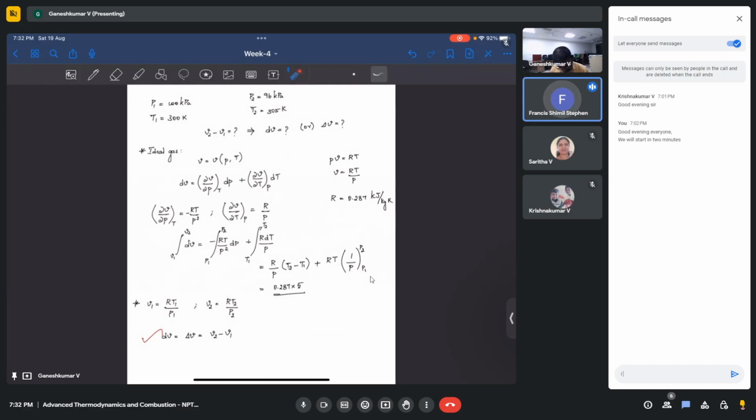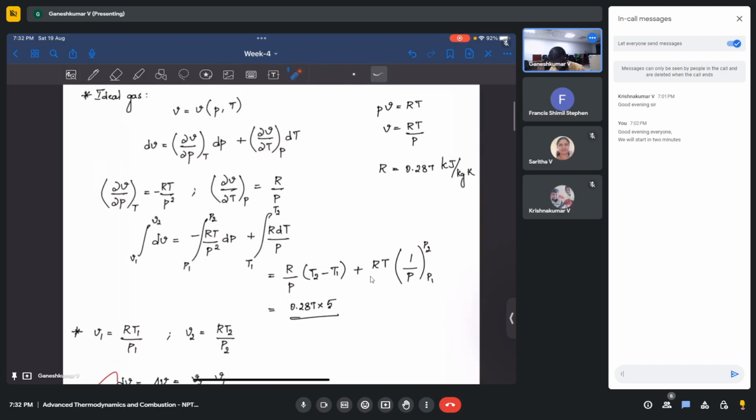I mean, in R by P, we have two states of pressure. So what should we use? Is it the initial one? The other term will be having two pressures, since it's a limit. But still we have temperature also, right? Yes, sir.